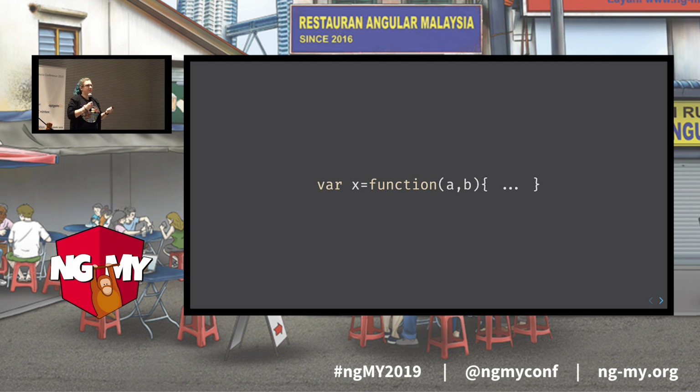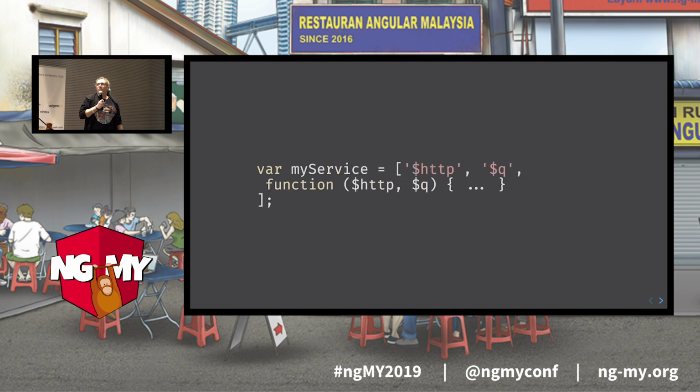So instead, we need to name our dependencies explicitly using strings, which we can do like this. Doing this is kind of tedious though, because it's a lot of replicating stuff between two things. It's easy to get them out of sync. So usually what we'll do is automate it with a tool called ng-annotate.